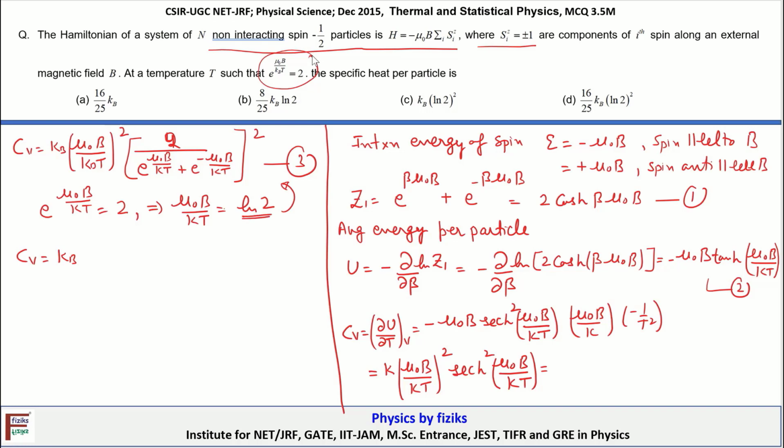So mu B by kT is nothing but ln 2, so k (ln 2) square, and then 4 divided by (2 plus exponential minus mu naught B upon kT, that is 1 by 2) its square. After solving, we obtain that this is equal to 16 by 25 k (ln 2) square. That's the heat capacity per particle. So therefore D is the correct option here.